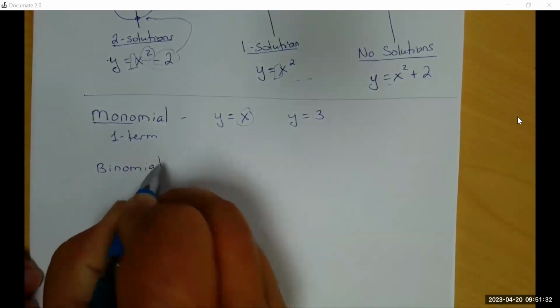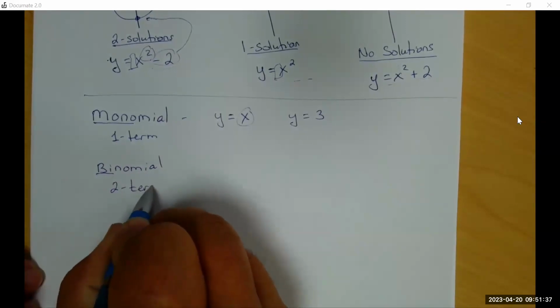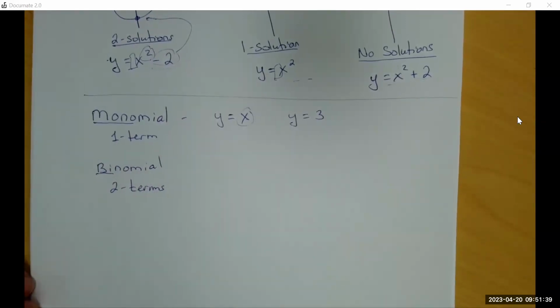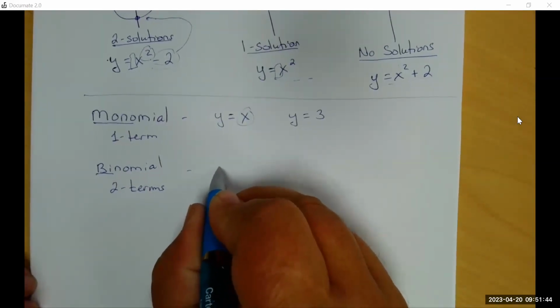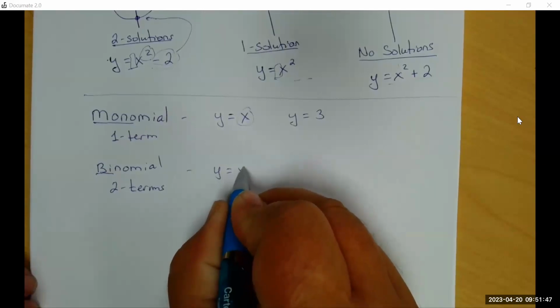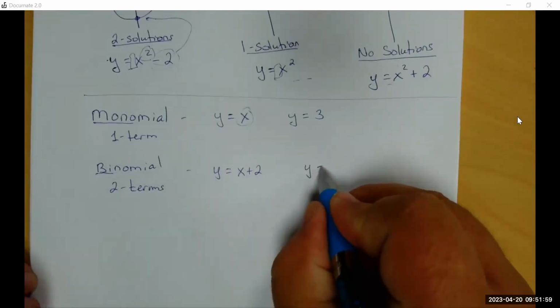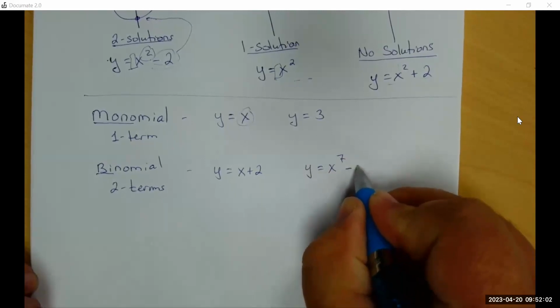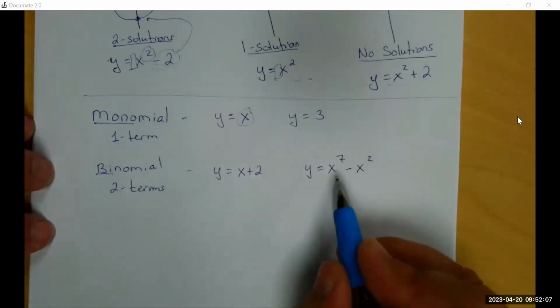A binomial, bi means 2. So it has 2 terms. And it doesn't have to be linear either. It could be x to the 7th minus x to the 3rd or 2nd. It could be anything, but there's only 2 terms.